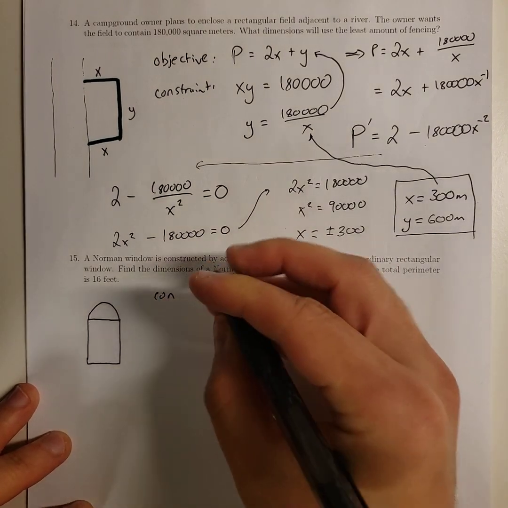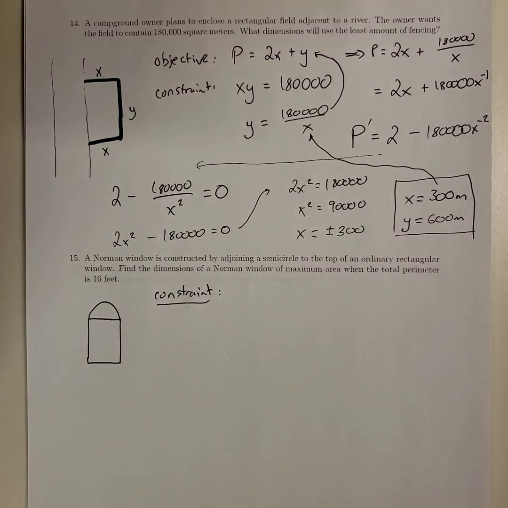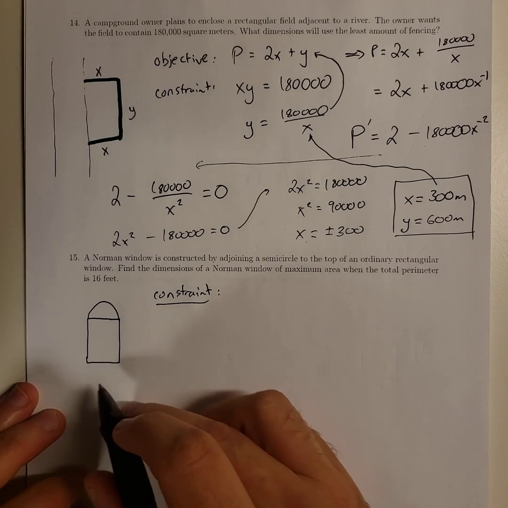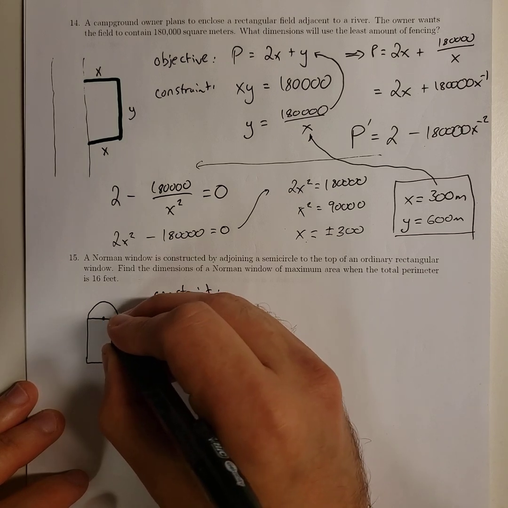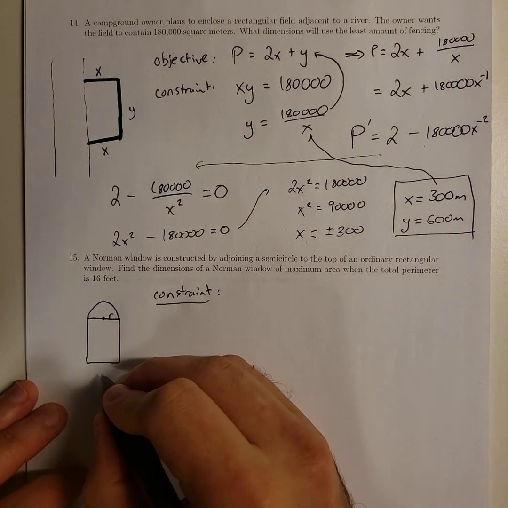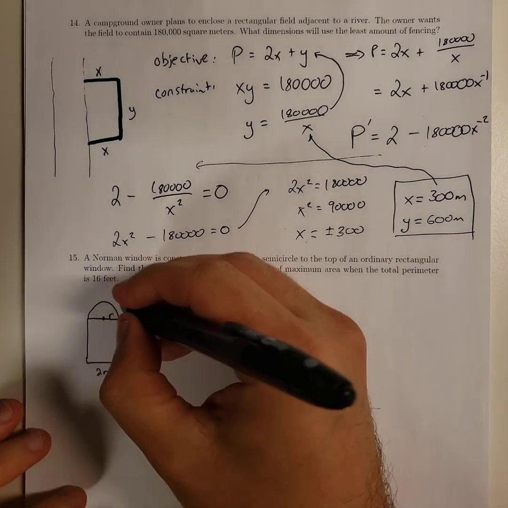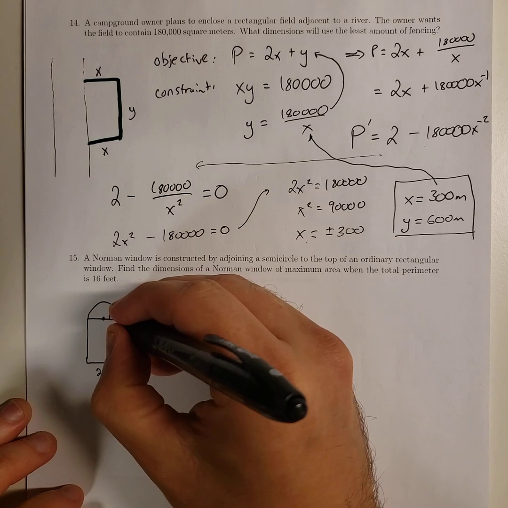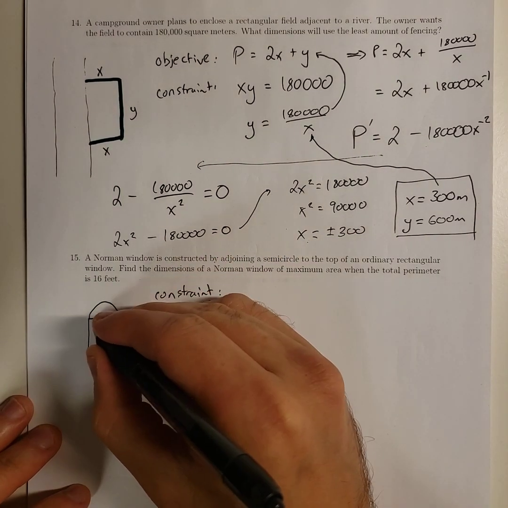So let's see if we can write down what that's going to be. Well, let's get some variables here. With the semicircle, we could say the r here is the radius of that circle. And so that would mean down here is 2r. And circumference, if it was a full circle, would be pi times the diameter.